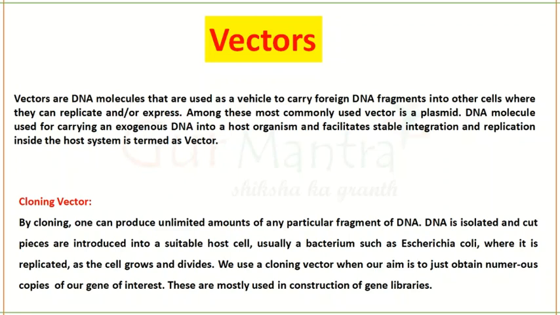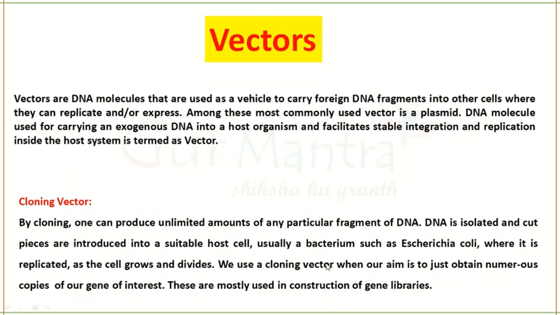The gene which you are interested in cloning, that alone you take and insert inside a vector. Then the whole vector plus the gene of interest is called recombinant DNA. Now this recombinant DNA is inserted into a host, for example an E. coli cell, where it is replicated. So the recombinant DNA will be replicated inside E. coli as the cell grows and divides.